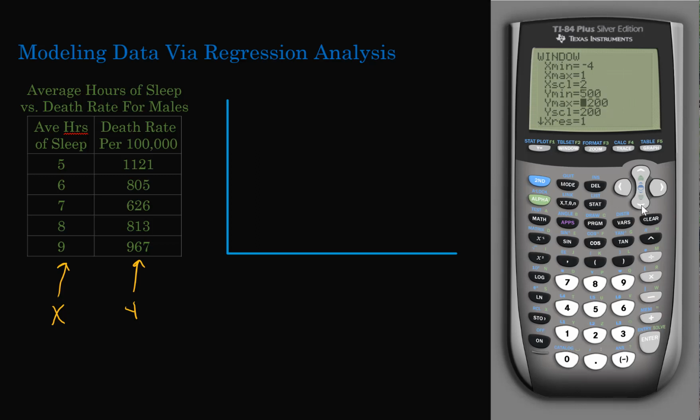But what I'm going to do is set my minimum at 500, my maximum at 1200. And then notice from 500 to 1200 is a distance of 700. If I was to divide that by 10, I would need a tick point every 70, which might be kind of hard to count by. So what I'm going to do instead is put a tick mark every 50.